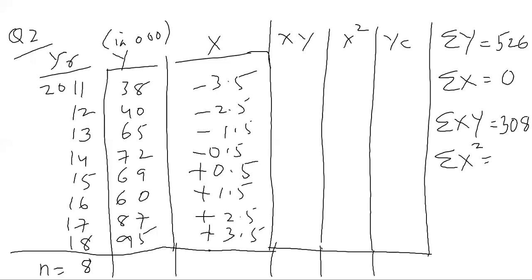No, how will x square be 0? You are squaring it, no? Squaring it, the negative sign will also vanish. Ma'am, 42. Ma'am, x square is 42.